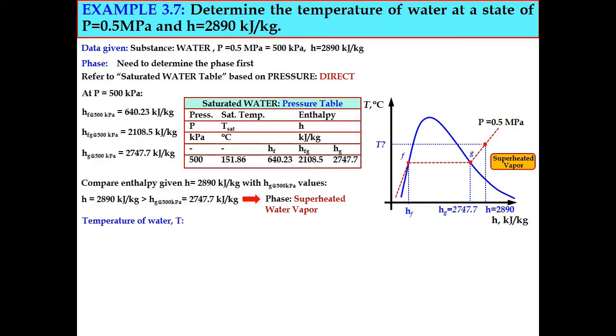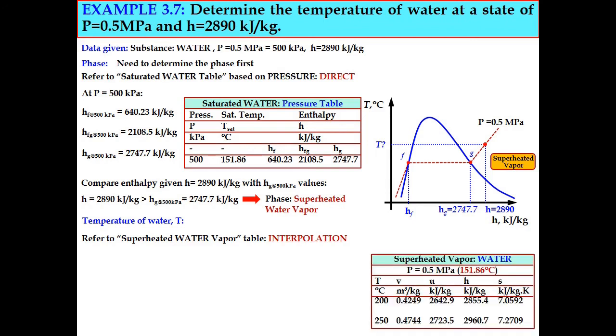Now we want to determine the value of T, the temperature of the water during this superheated vapor state. Because we already know it is superheated water vapor, we need to refer to the superheated water vapor tables. Because we have a specific value of enthalpy, normally we need to make interpolation. This is the superheated water vapor table for pressure 0.5 megapascal.